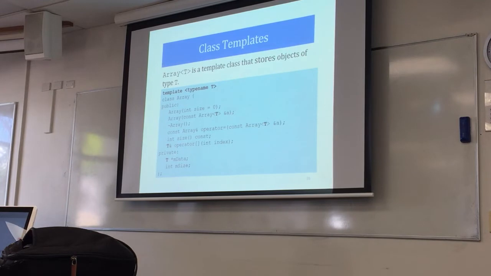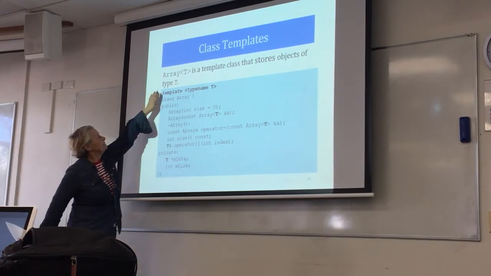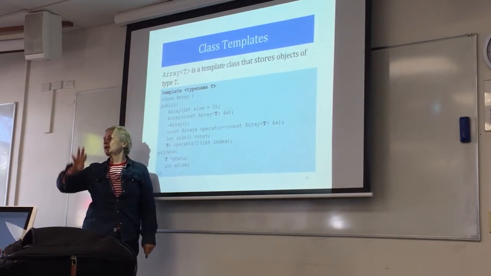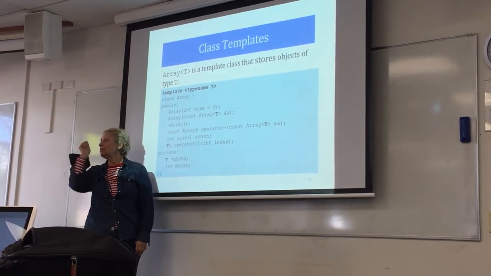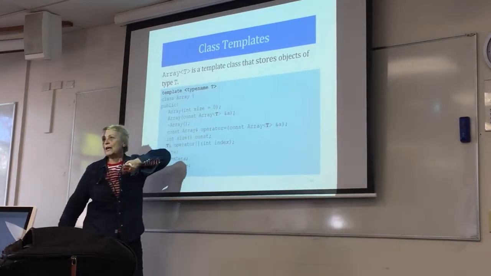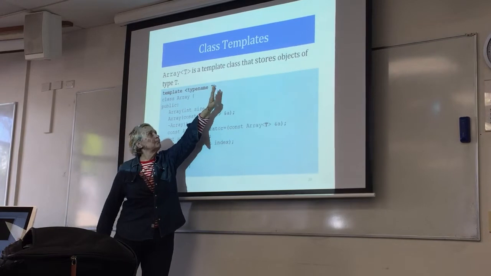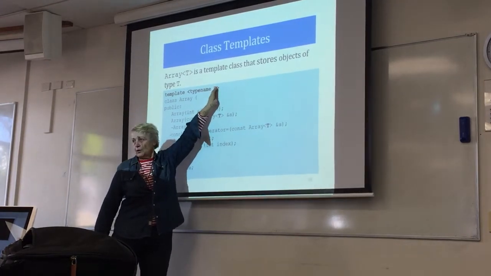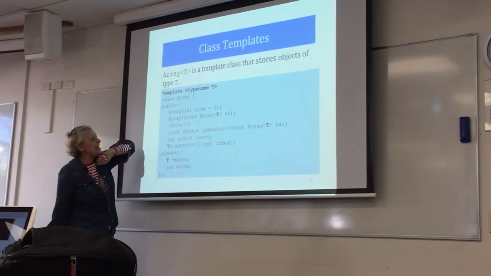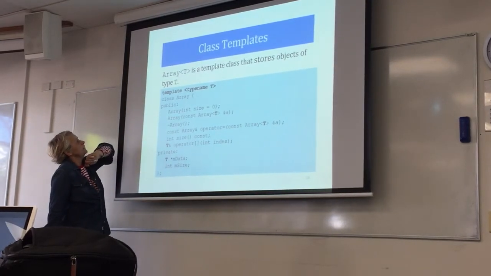So we can write a template class based on our array, and notice where the changes are. Very few places. First of all, you have to put the prefix, template, type name, whatever you want to call it. And then you write the name of the class.